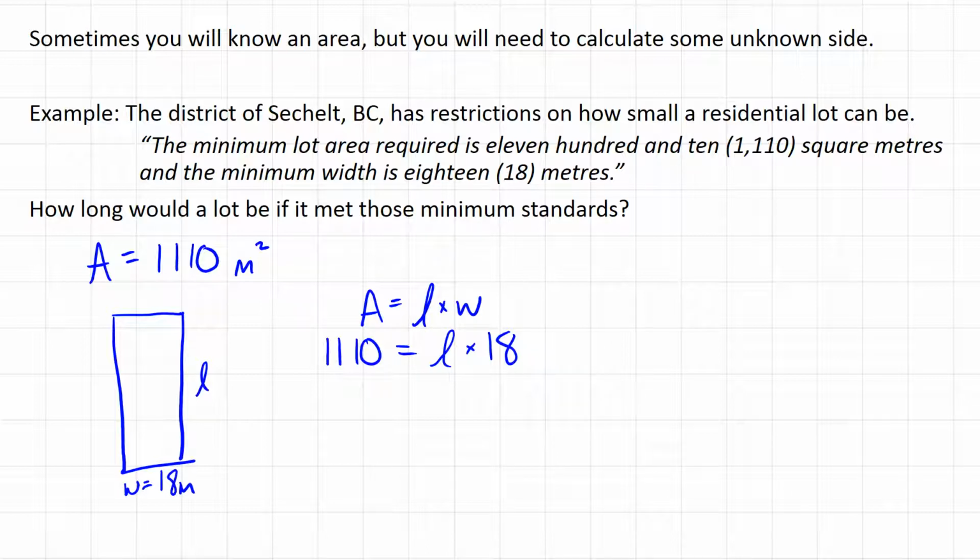If 1,110 is equal to length times 18, I can divide each side by 18 and get that the length is equal to 1,110 divided by 18. That's 61 point, I'll round to one decimal place, 61.7 meters long.